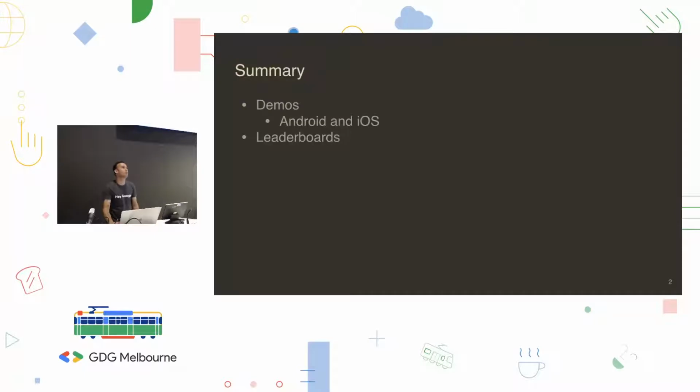I'm going to show what leaderboards are, and I'm doing the demo. I'll give you guys an overview of what they actually do. Also, achievements. We'll go into that real quick. Then we'll look at implementation.